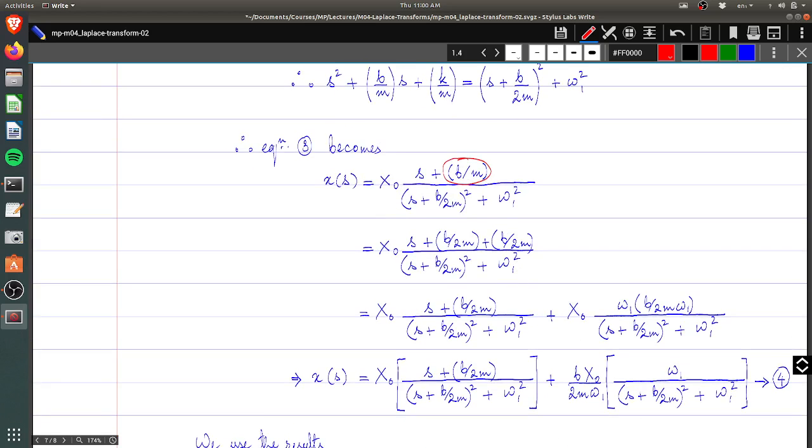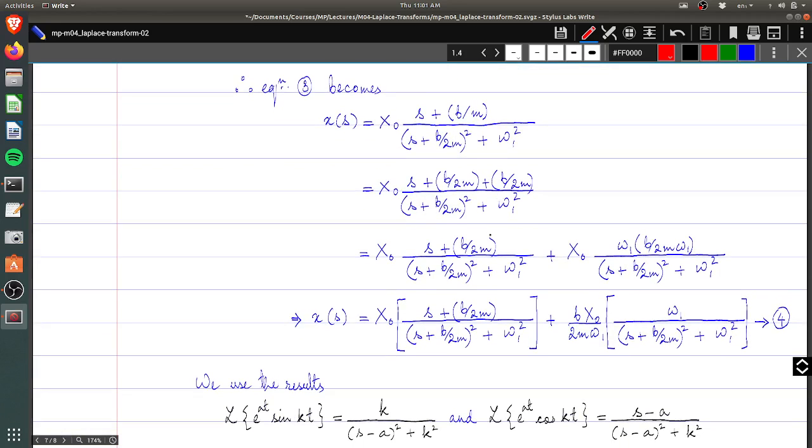Now this b by m, I write as b by twice m and b by twice m, and then I open up the fractions. First I take s plus b by twice m as one fraction, and then b by twice m divided by this as another fraction. Then this b by twice m, I multiply and divide by omega 1.